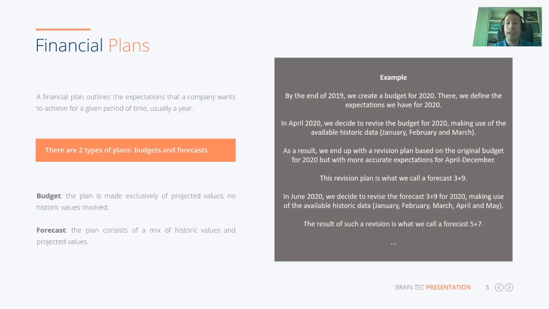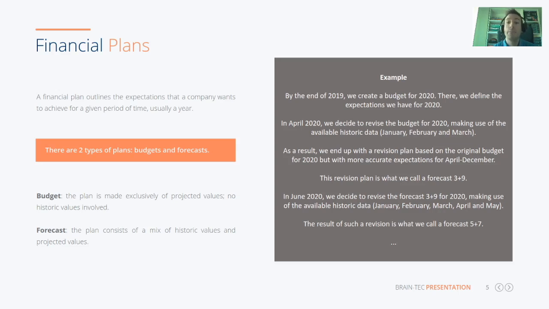Time passes by, and in April 2020, we decide to revise our budget, making use of the available historic data, that is, January, February, and March. As a result, we end up with a revision plan based on the original budget, but with 2 important changes. First change, the periods January, February, and March no longer contain expected amounts, but actual ones, historic data.